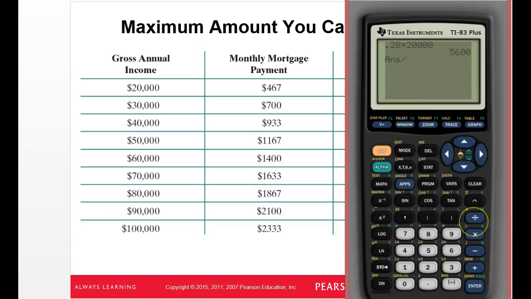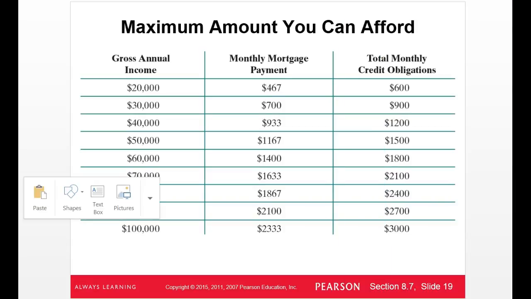That's for a year. If I divide that by 12, there's the 466 and some change. That's where that 467 is coming from. So we're just taking these gross annual incomes and multiplying them by the 28% and then dividing that by 12, and that's giving us what we can afford per month.